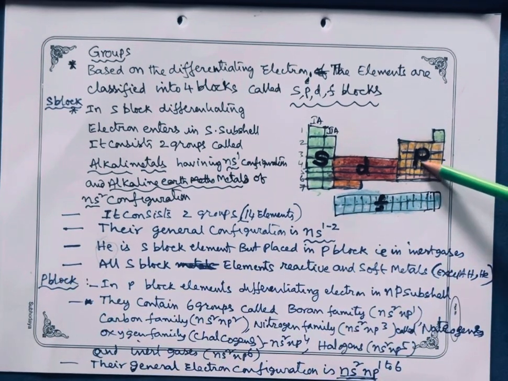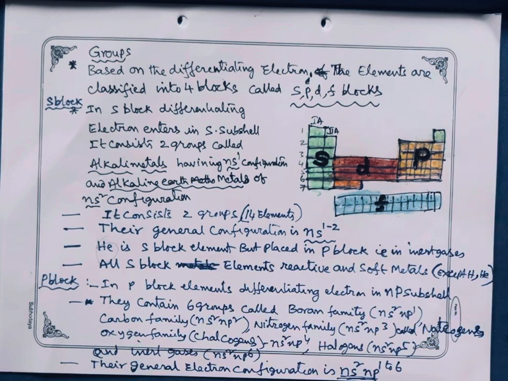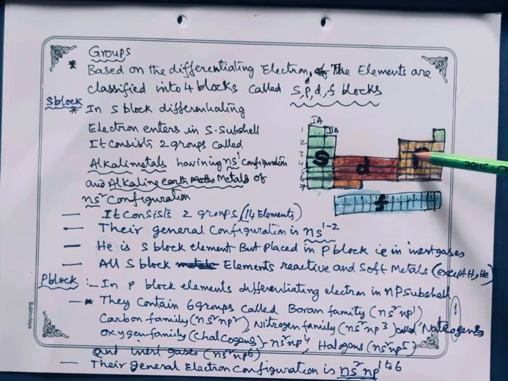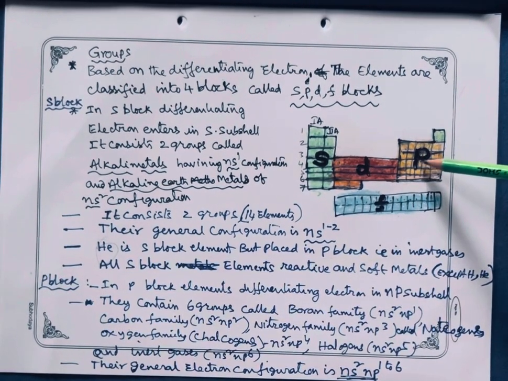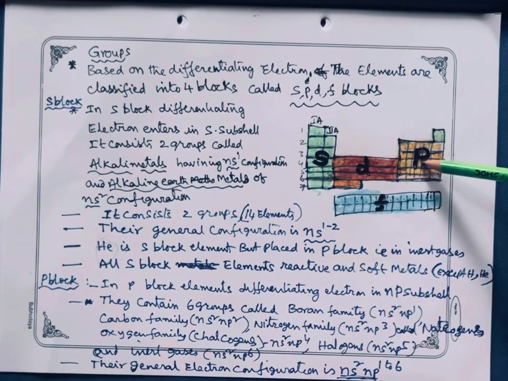These elements have both metallic and non-metallic nature, and they are called metalloids. You can know boron, silicon, germanium, and polonium, astatine.